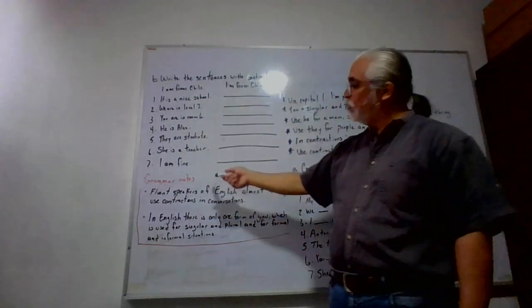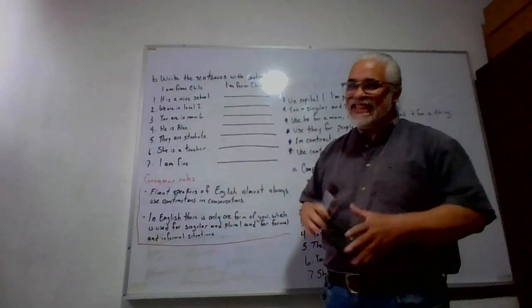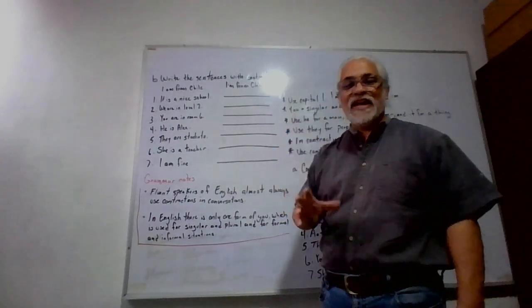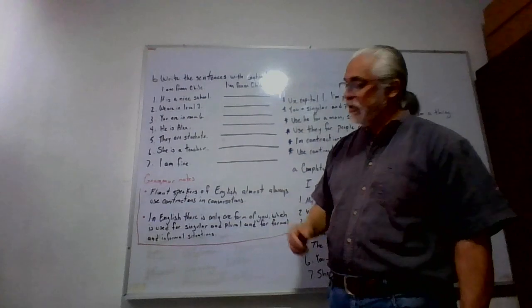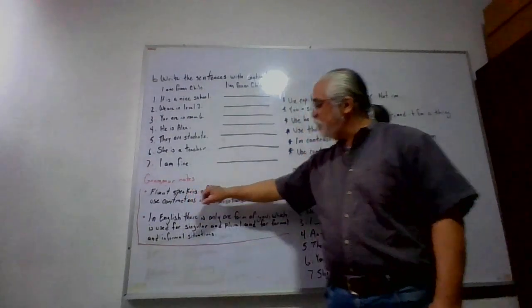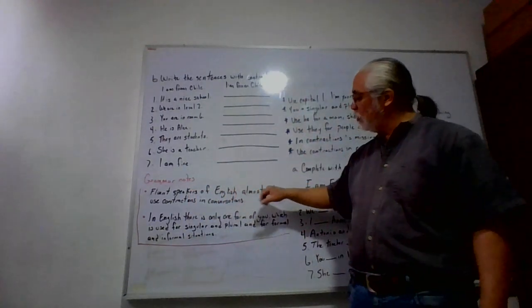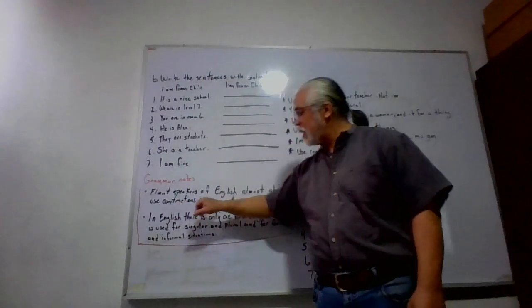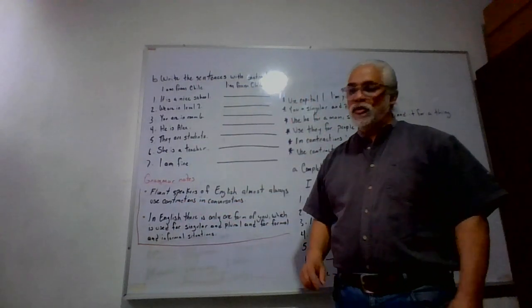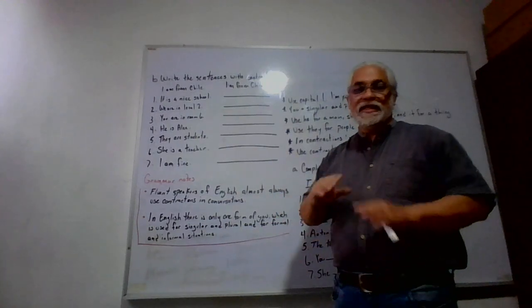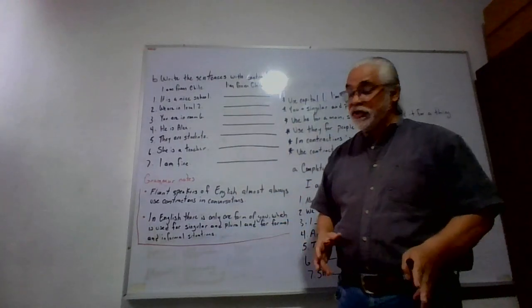Last thing, I went ahead and put up grammar notes again to stress the important facts of this section of our Learning English. Fluent speakers of English almost always use contractions in conversation. Remember that. So contractions are an important part of the language.